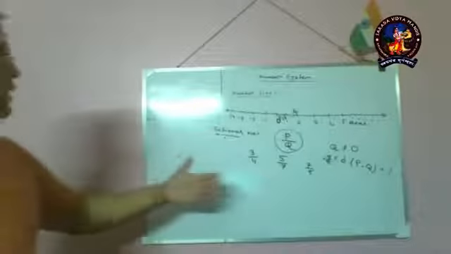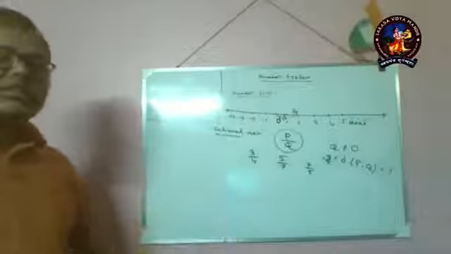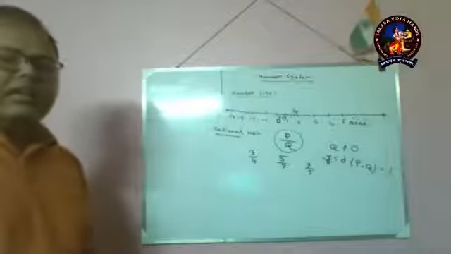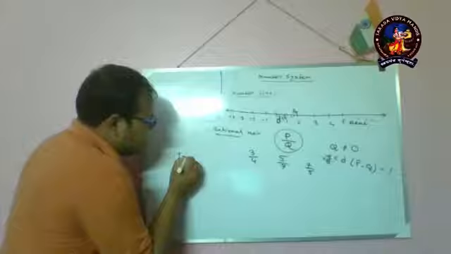Now, when we are learning about irrational numbers, we want to learn about the numbers which are not rational. The numbers which are not rational are called irrational numbers.